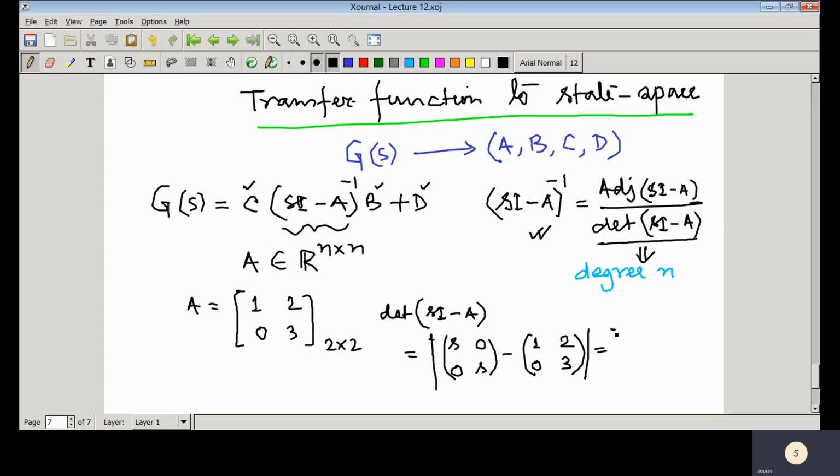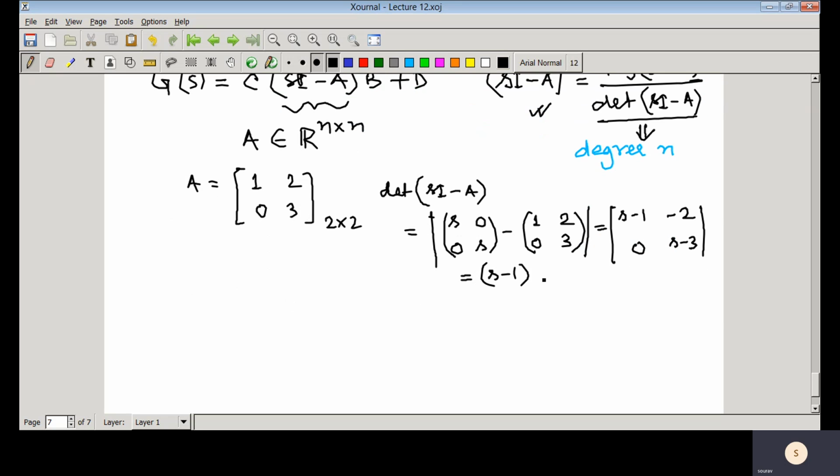Then you have the determinant of sI minus A, that is s minus 1, minus 2, then 0, and s minus 3. So you will get (s minus 1) times (s minus 3), because minus 2 and 0 would give 0.